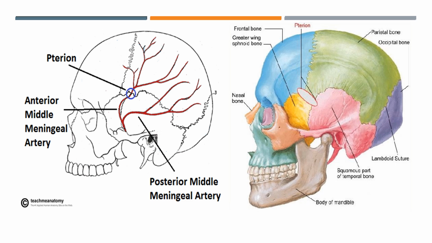Next, let's talk about the pterion. The pterion is the thinnest area in the skull, located at the temple. It is where four bones of the skull meet: the frontal bone, the parietal bone, the sphenoid bone, and the temporal bone.